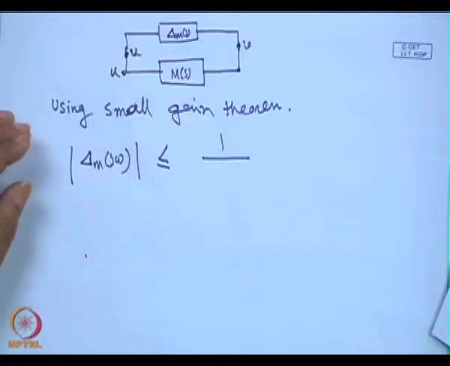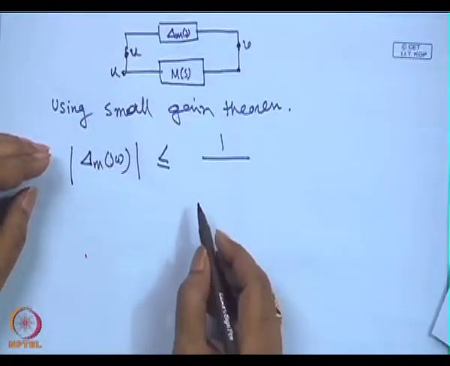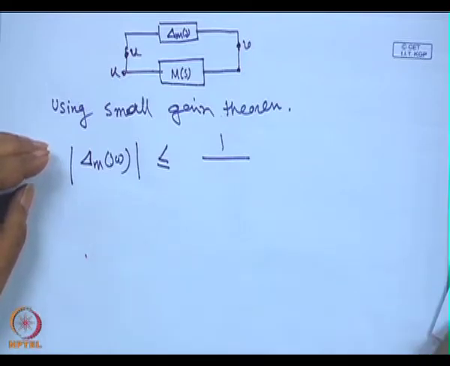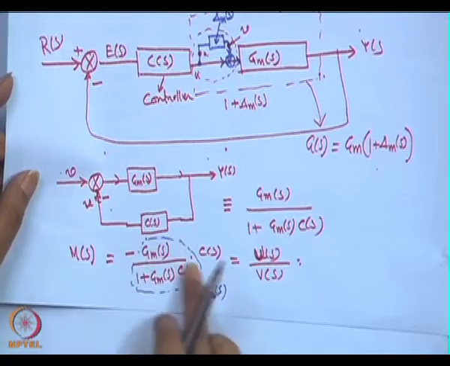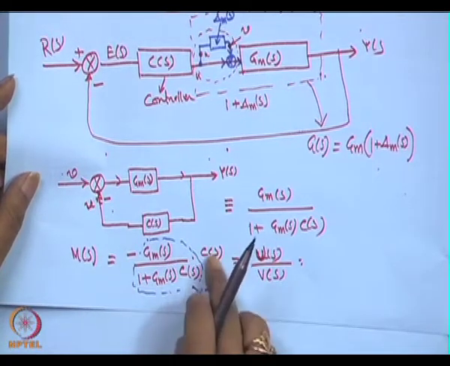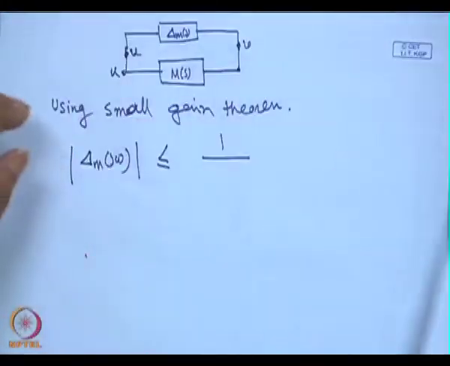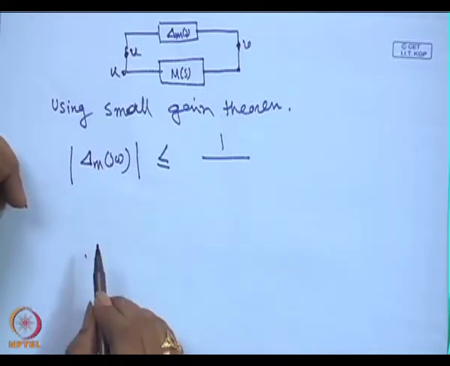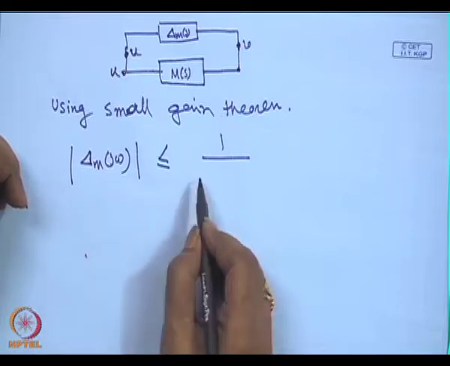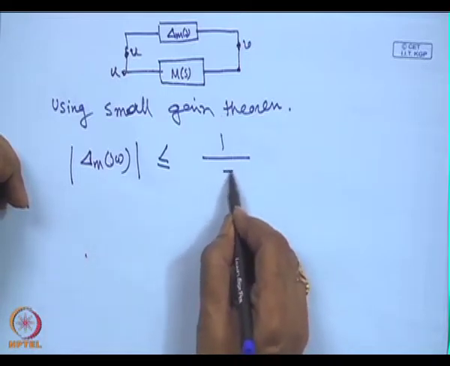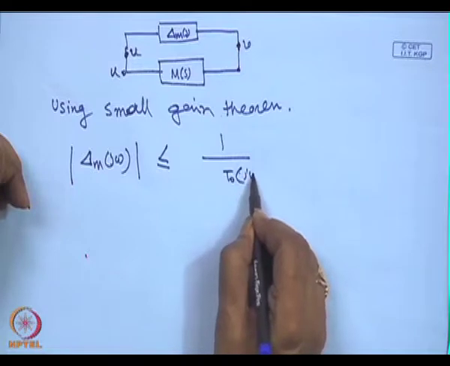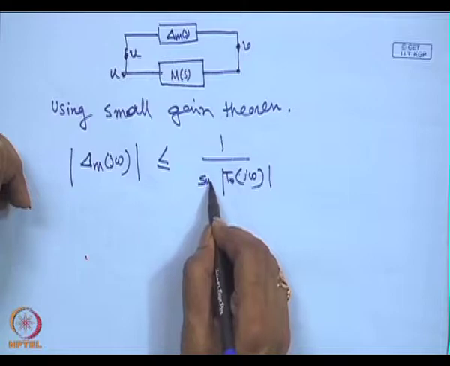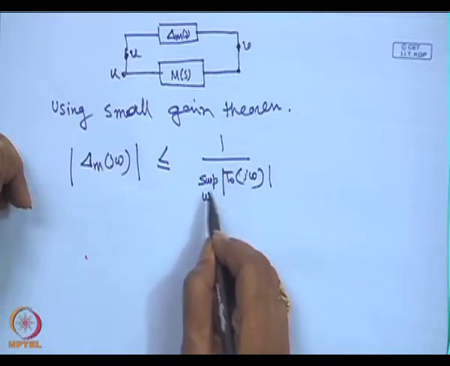So, that is nothing but equal to T 0 of S. Just see this one, T 0 into C of S. So, T m into, so it is T 0 of j omega mod, supremum of W.